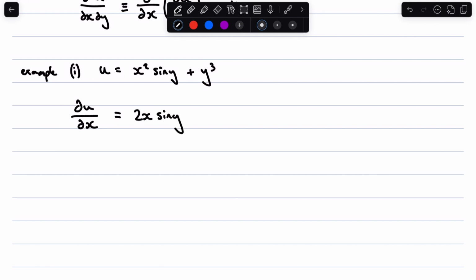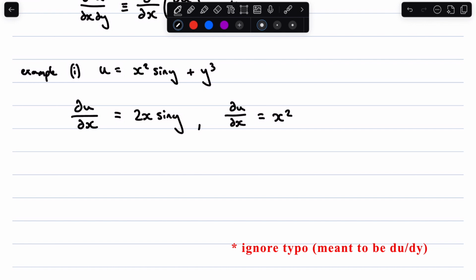So all we've done here is take a derivative with respect to x, and you can see this y cubed is going to be a constant, so when you're differentiating with respect to x, that will become 0, and then we're just differentiating that x squared, and we get 2x sine y. Now if we do du by dy, partial derivative, we'll get x squared stays the same, and we're then differentiating sine y to get cos y, plus 3y squared.